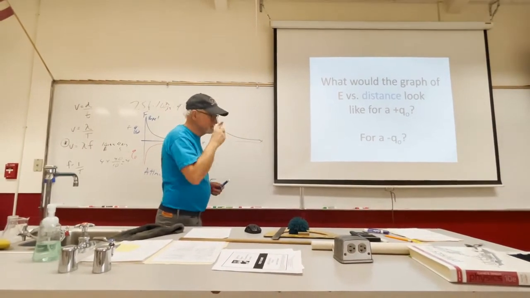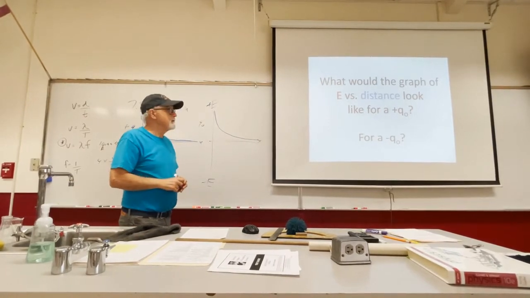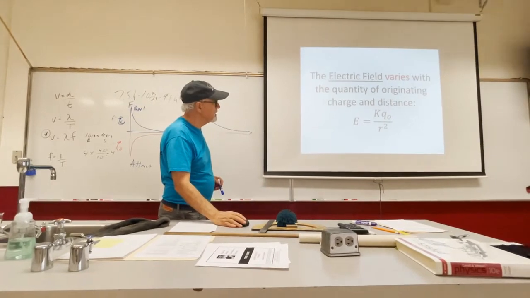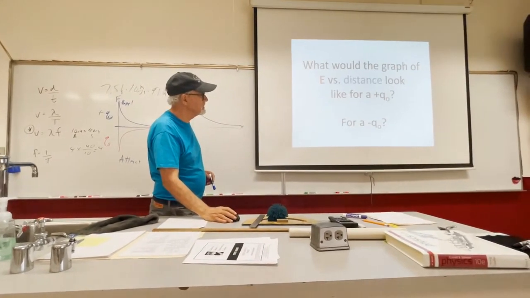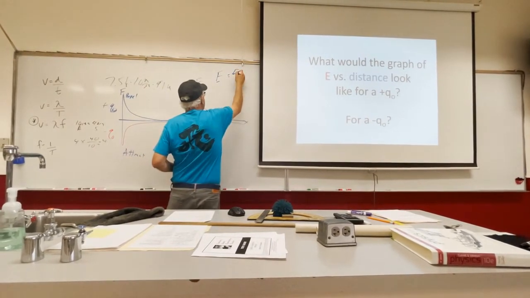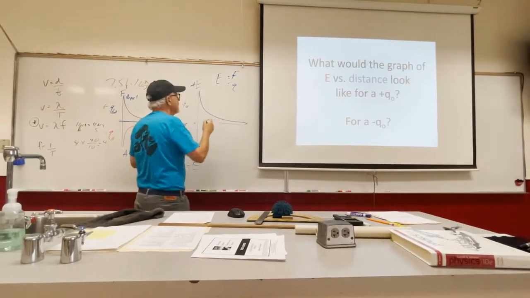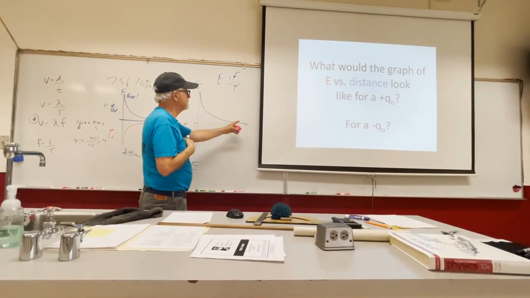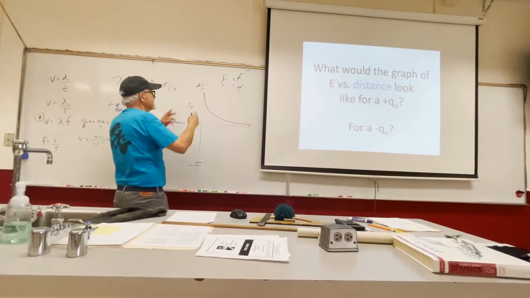So is it the same, because it's the same idea, right? Well, remember what's varying here. It's the force. And I probably should have left this up here. So the charge is staying the same, and the electric field and the force are proportional.